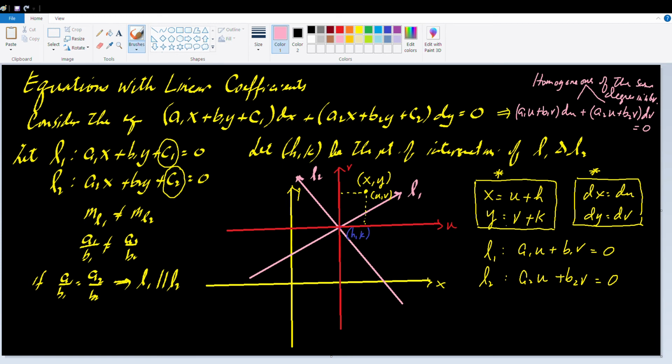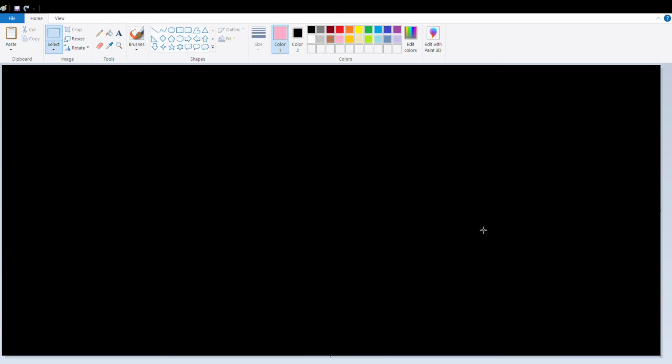Okay, so let us have an example. We solve the equation (x − 4y − 9) dx + (4x + y − 2) dy = 0.